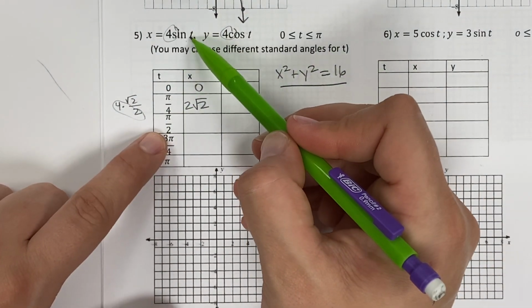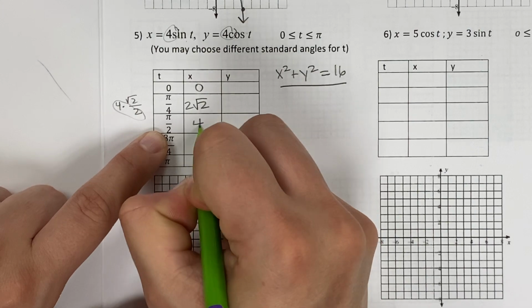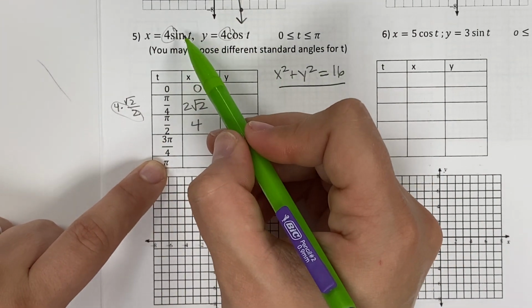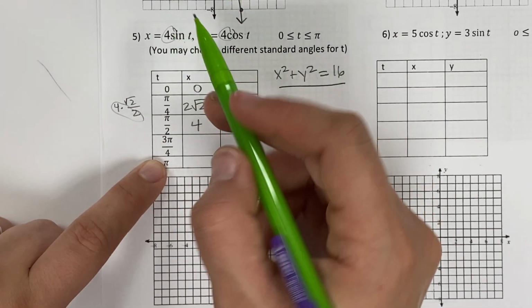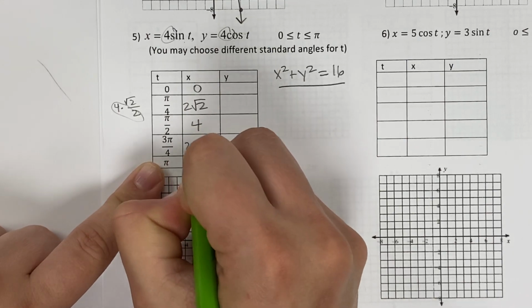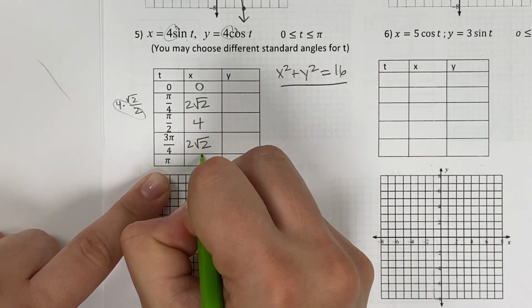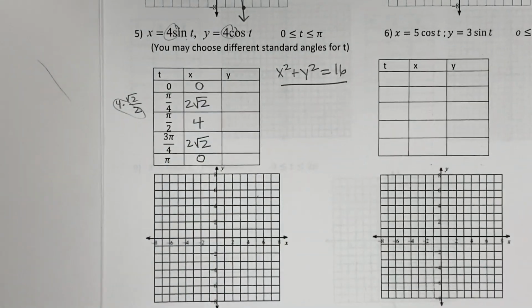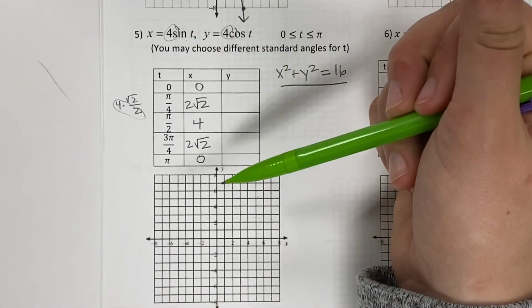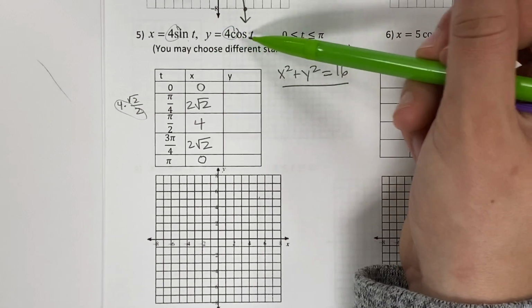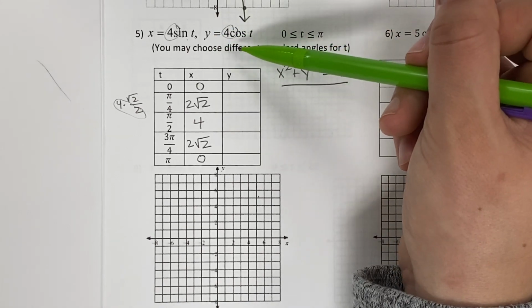The sine of pi over 2 is 1, times 4 is 4. 3 pi over 4 is still root 2 over 2 times 4, that'll be the same thing. Sine of pi is 0, 0 times 4 is still 0. So we got sine done.